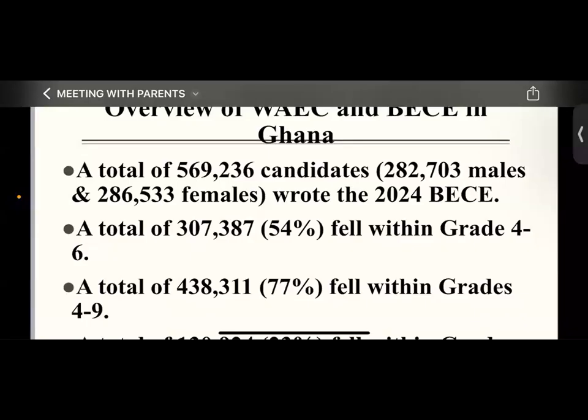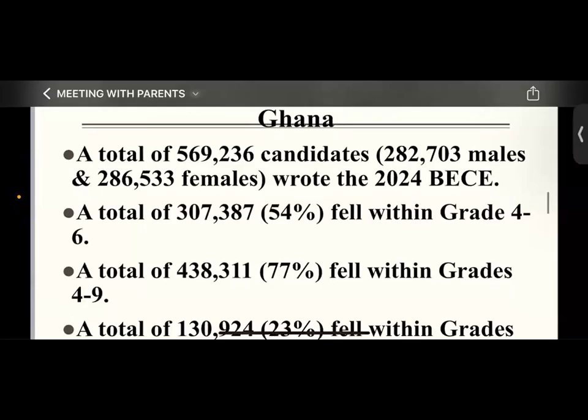These are the WAEC figures that were released as to the number of students that wrote it. The figure was actually lower than the year before, when the new curriculum kicked in, because most parents wanted their children to avoid the new curriculum that was coming in. So the last batch that wrote had in excess of 600,000 students writing the BECE, but the number declined a bit to 569,000.